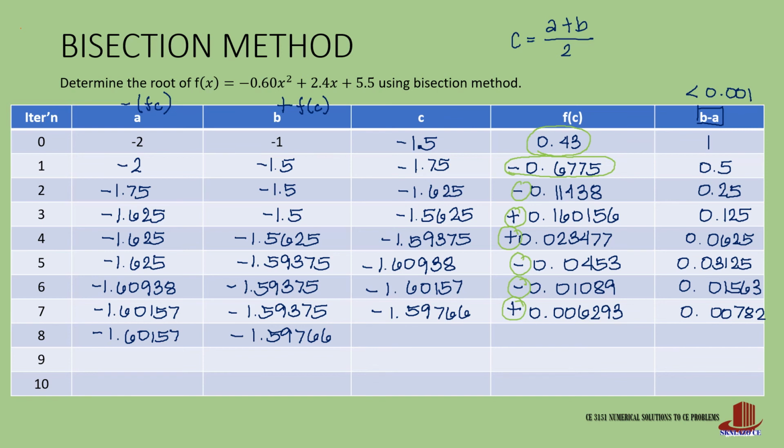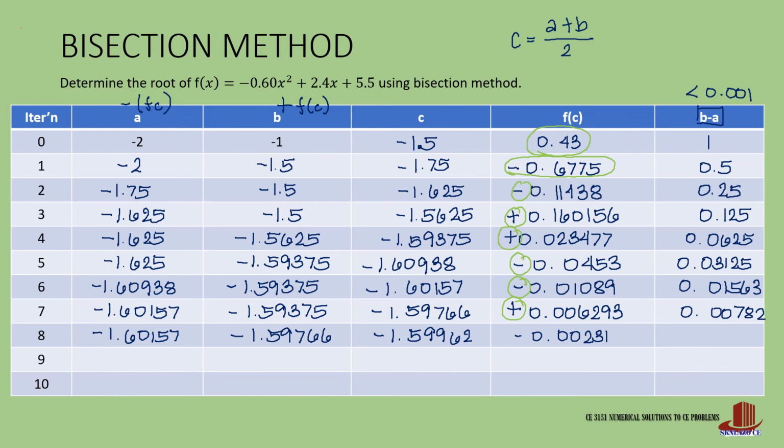If we take their average, we get 1.59962. And the function of C resulting would be coming out as negative 0.00231.